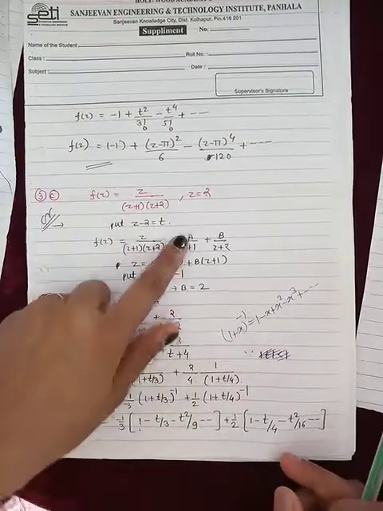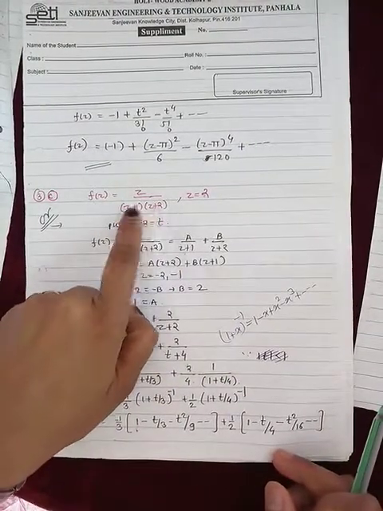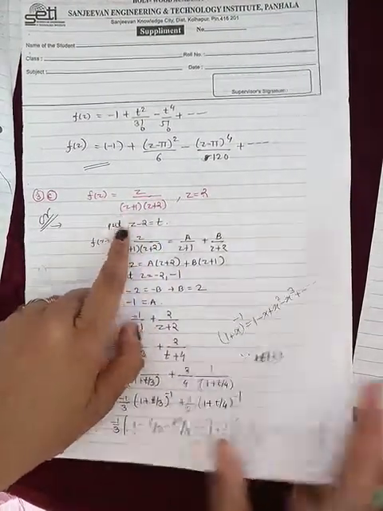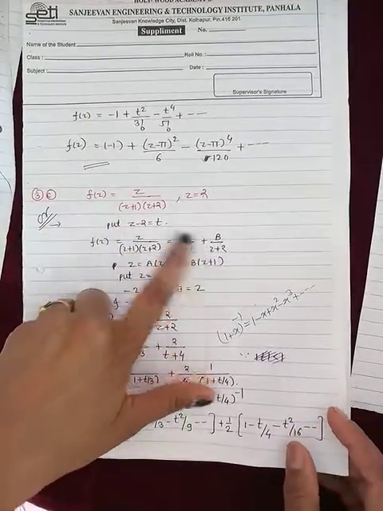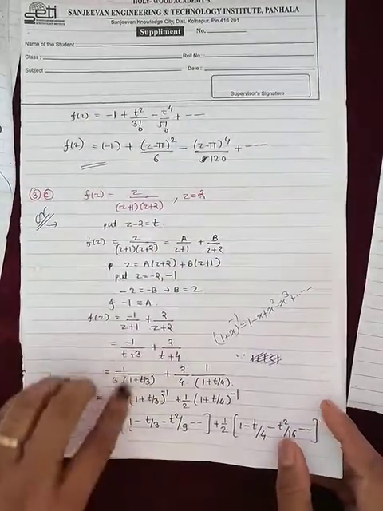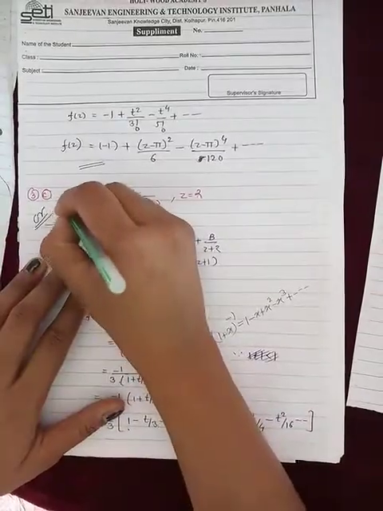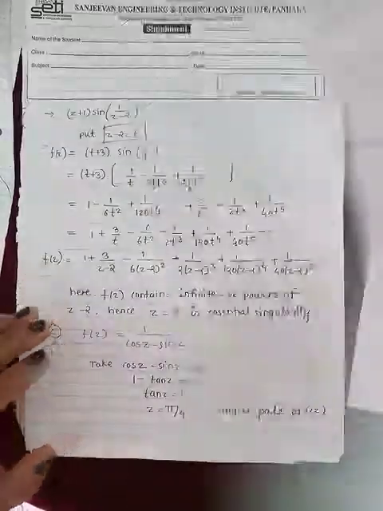Before that, we use the partial fraction method because there are two factors in the denominator, so we have to separate them out. For that use the partial fraction method. So take it as an assignment.